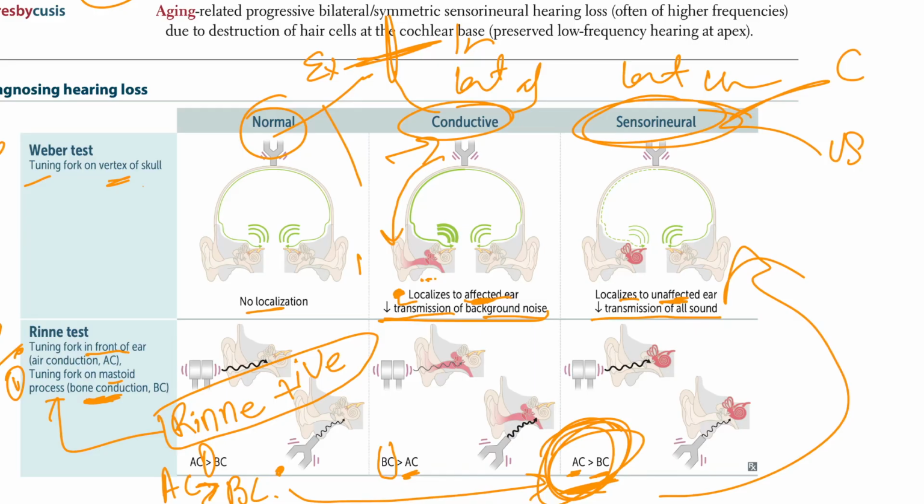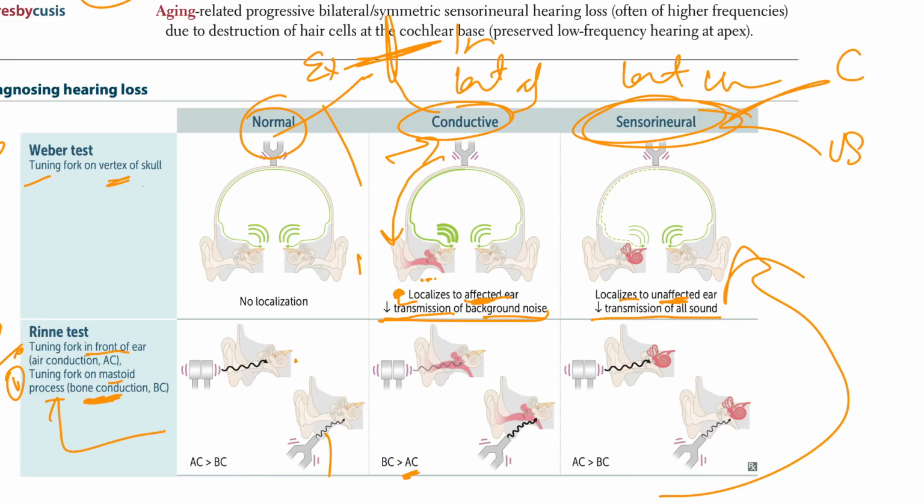The Rinne test basically compares air conduction versus bone conduction. And how are we checking the bone conduction? That is at the mastoid bone.